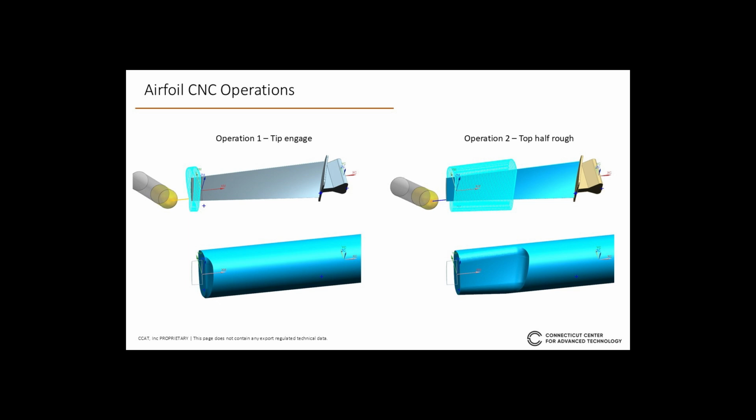Now, the way this experiment was set up, we wanted to get into a circumstance where we could show you workpiece deflection at its maximum. To do that, normally you would have constrained the tip of the blade.